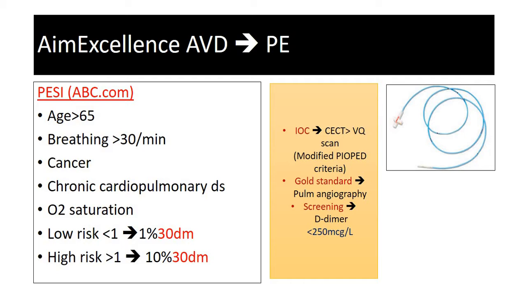As a screening test, one thing that can confidently rule out pulmonary embolism, and which is FDA approved, is the D dimer. If the D dimer is less than 250 microgram per liter, we can rule out pulmonary embolism. But if the D dimer is more than 250 microgram per liter, that can be due to pulmonary embolism or DVT, but can be due to other conditions also.